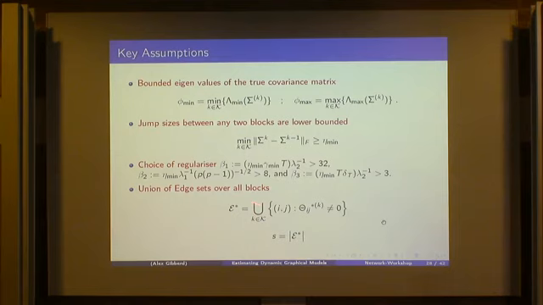And one of the key conditions here is that we need something like a union of the edge set over all blocks. This is something I'll come back to. Generally, when people estimate a covariance structure, they have a true model space, the true support set. In this case, your number of changes is unknown and the locations are unknown.